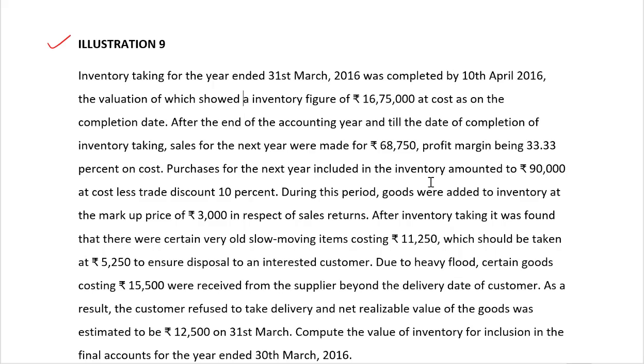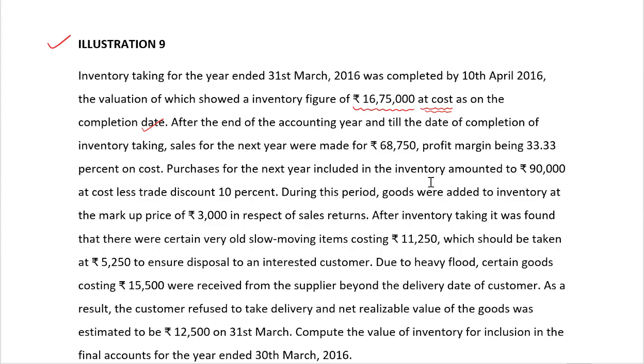Inventory taking for the year ended 31st March 2016 was completed by 10th April 2016, the valuation of which showed an inventory figure of 16,75,000 at cost as on the completion date.